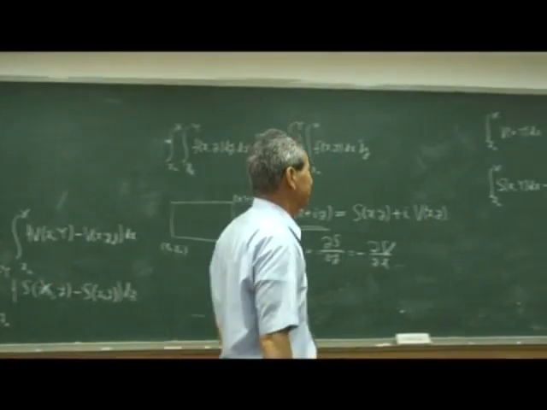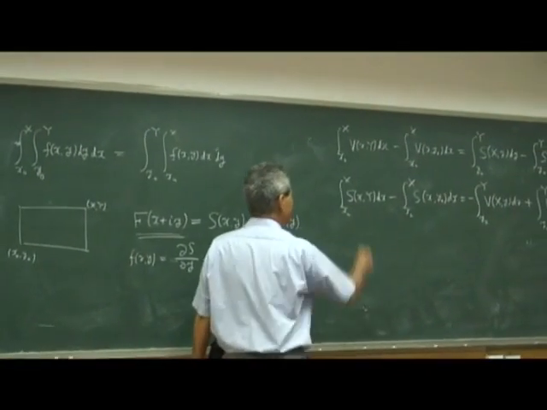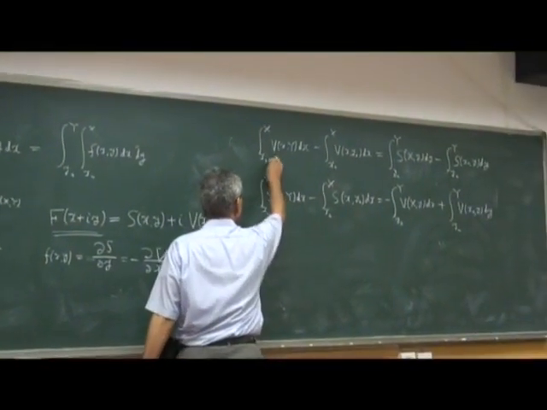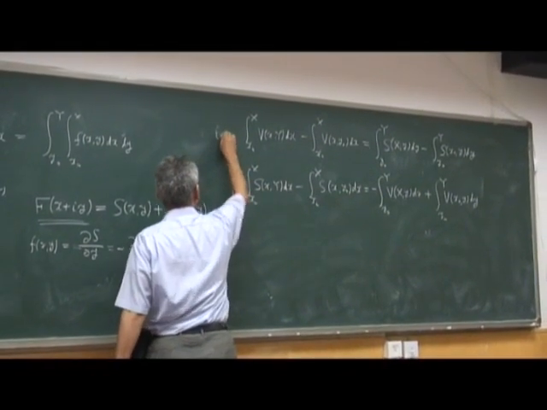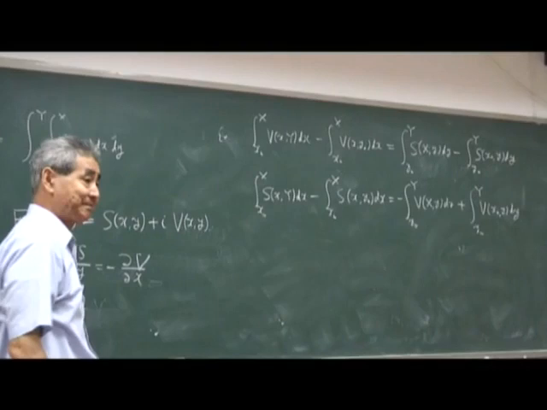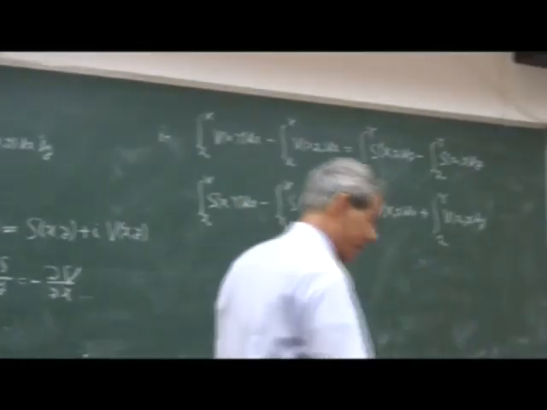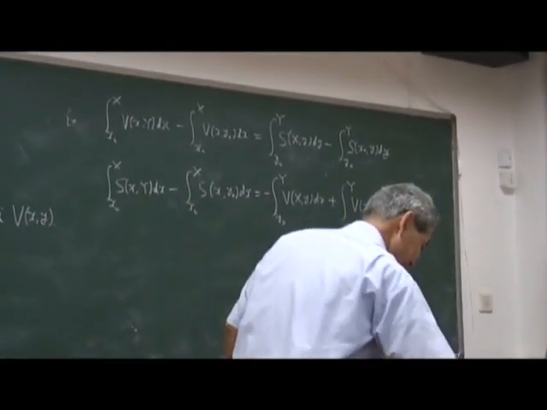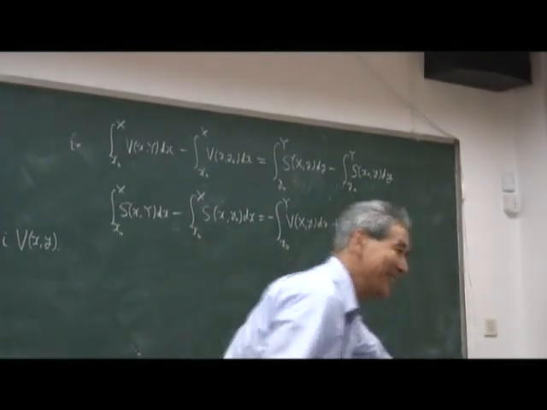A simple way is just to multiply this part by i and take the sum. That's okay?